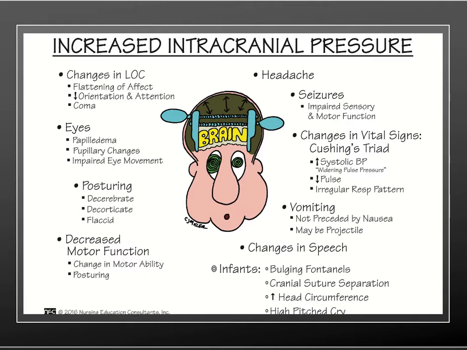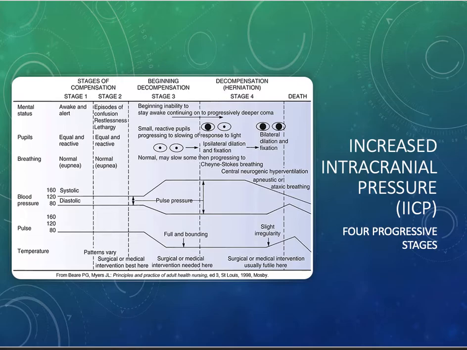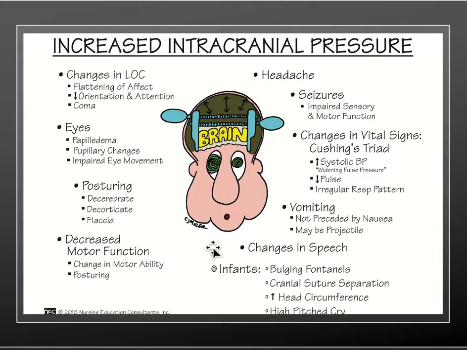So other than vitals, like I showed you with the graph here with the different stages, the things you're going to assess for are, obviously, changes in LOC, because remember, those are the first things to change, okay? Maybe your patient isn't responding as well. Maybe they're getting confused, okay? We're going to look at their eyes, see if their eyes are moving correctly and if their pupils are reacting correctly.